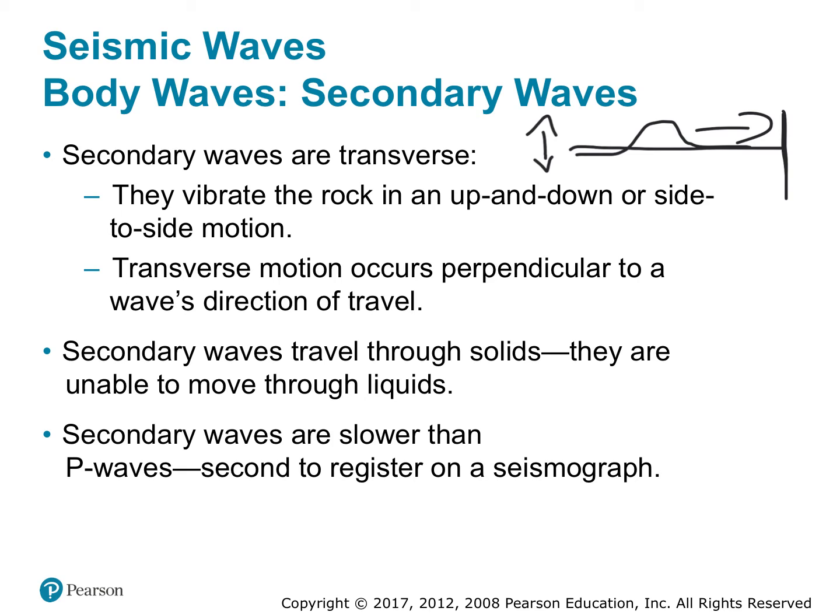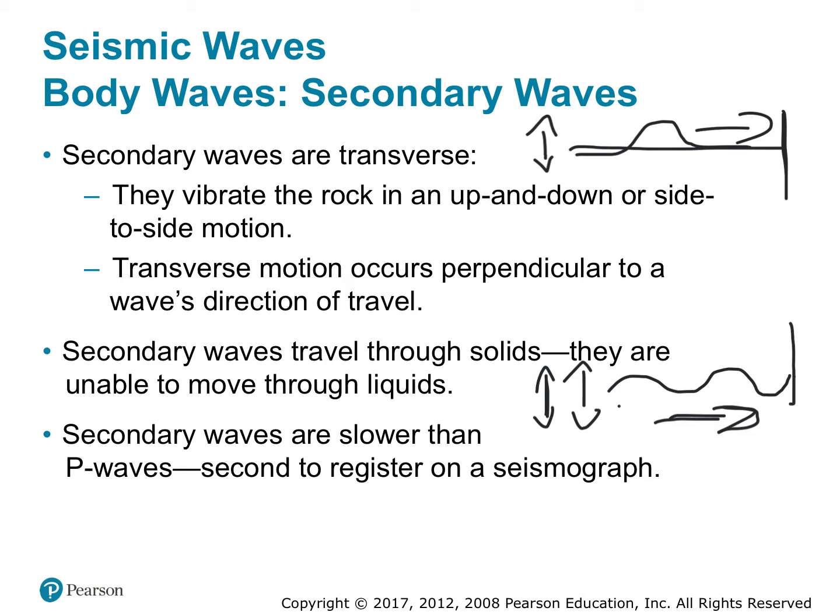On the other hand, if I continually shake it up and down, I'll get a wave like that that's traveling towards the wall. The part that's shaking is moving up and down, but the wave is traveling at a right angle to that motion. And so that is an example of a transverse type of wave.